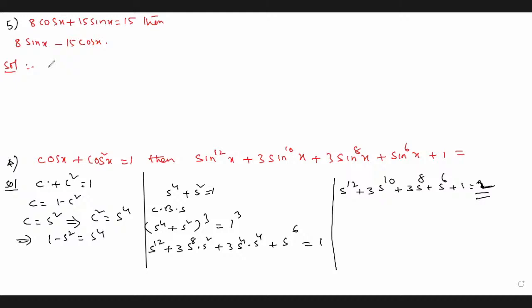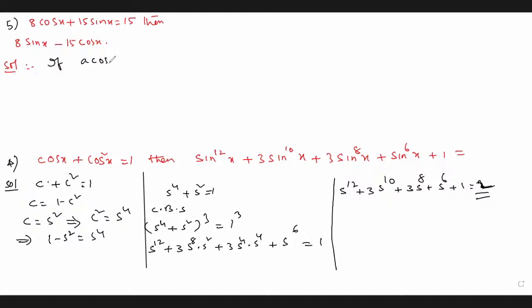Now observe. I'm going to give you one shortcut method. The normal method is to square on both sides, but it becomes lengthy.